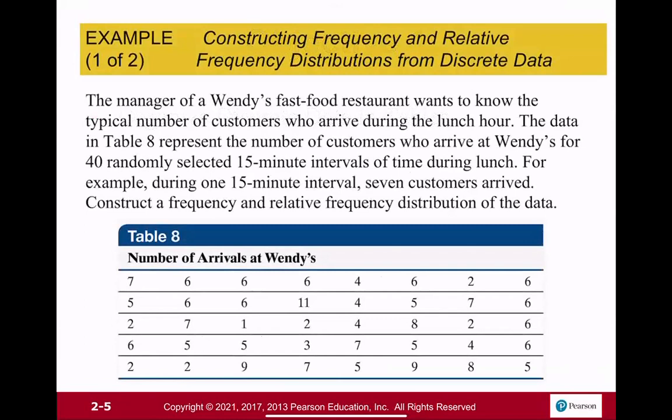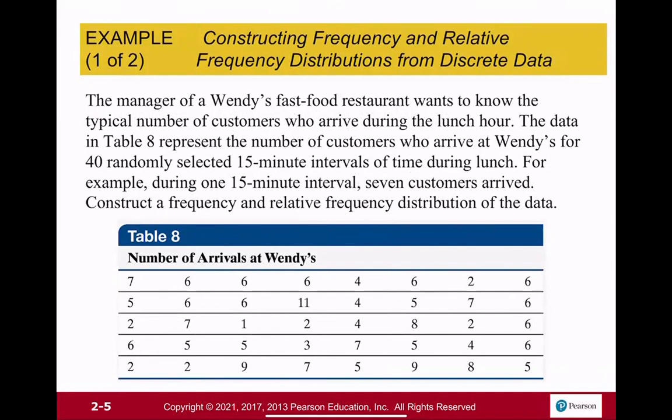All right, so looking at this data right here, the manager of Wendy's fast food restaurant wants to know the typical number of customers who arrive during the lunch hour. The data in table 8 represent the number of customers who arrive at Wendy's for 40 randomly selected 15-minute intervals of time during lunch. For example, during one 15-minute interval, 7 customers arrived.